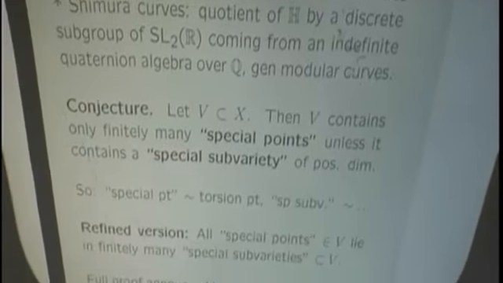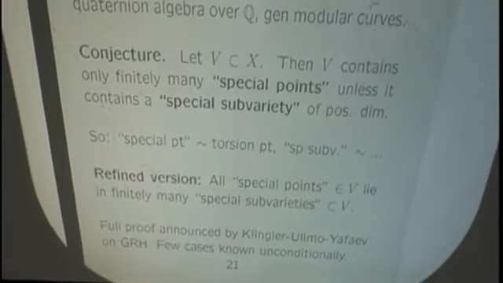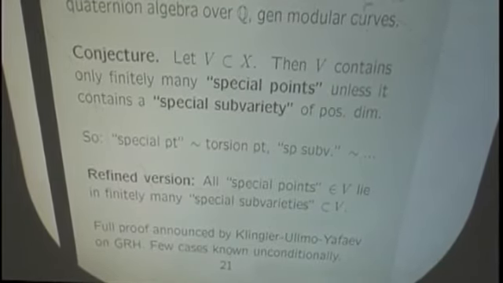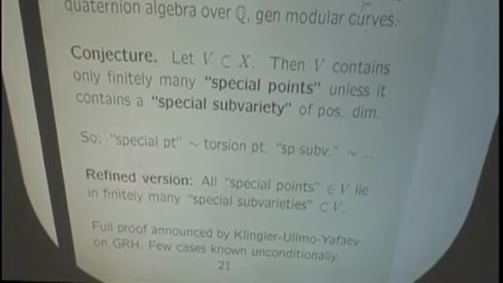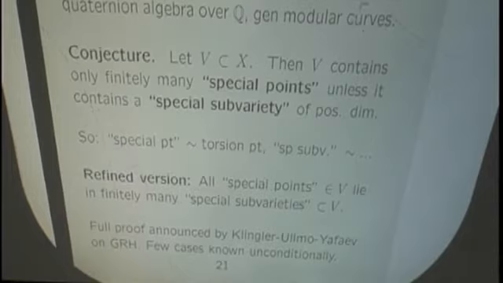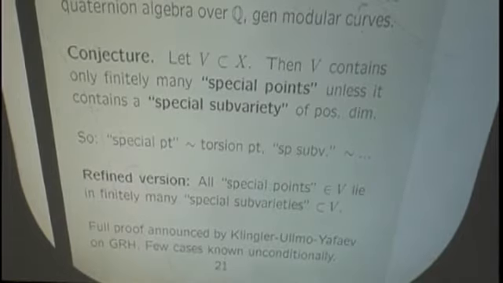And you have this conjecture, the André-Oort conjecture, that if you take a subvariety V of a Shimura variety X, then V contains only finitely many special points unless it contains a special subvariety of positive dimension. And the special subvarieties do indeed contain infinitely many special points. So this is sort of a sharp statement.